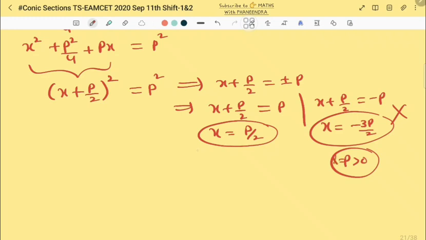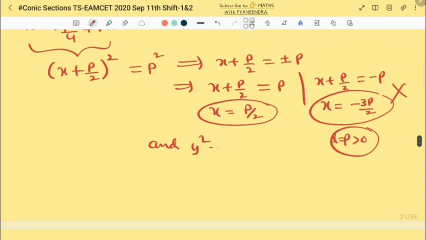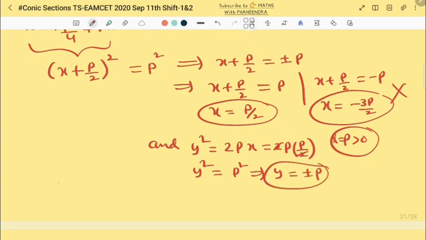So x is equal to p by 2 and y value we can calculate. y square is equal to 2px, substitute. So 2p into p by 2, so y square is equal to p square. So y is equal to plus or minus p. So we find the points of intersection of the circle and parabola, x comma y. So x value p by 2 comma plus or minus p.